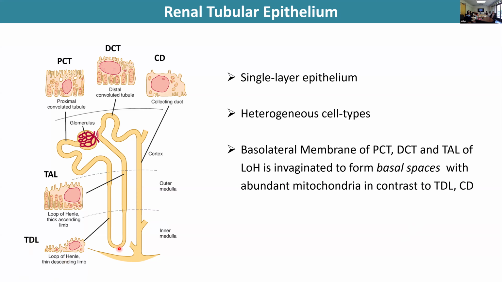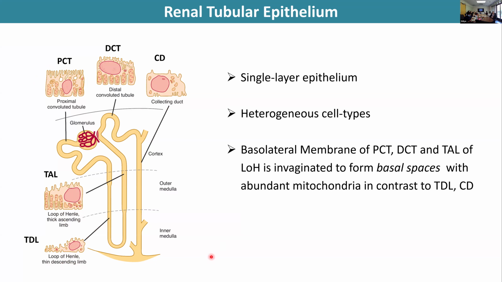So, for example, the basolateral membrane of the PCT, the proximal convoluted tubule, the distal tubule, and the thick ascending loop of Henle are all enriched with mitochondria, right? Whereas in the collecting duct and the thin descending loop of Henle, we don't see that many mitochondria.